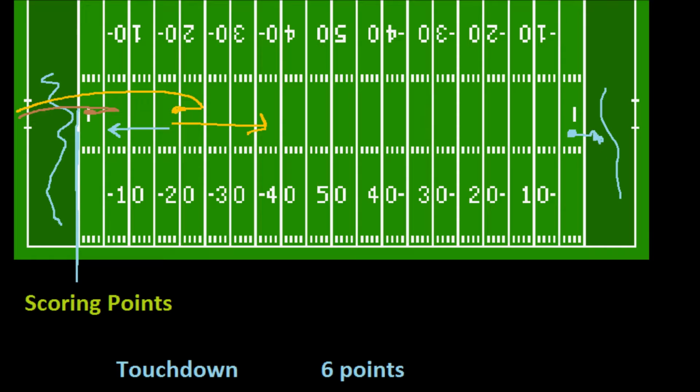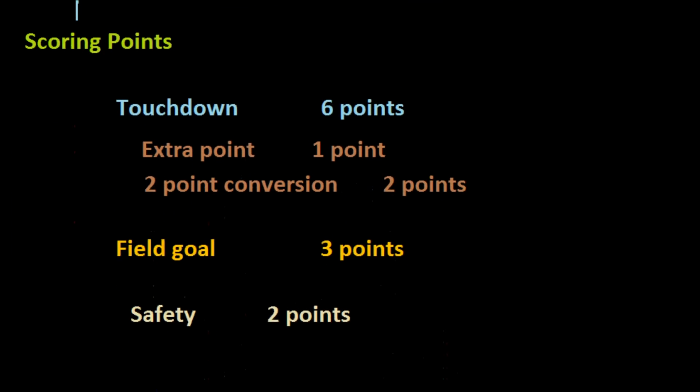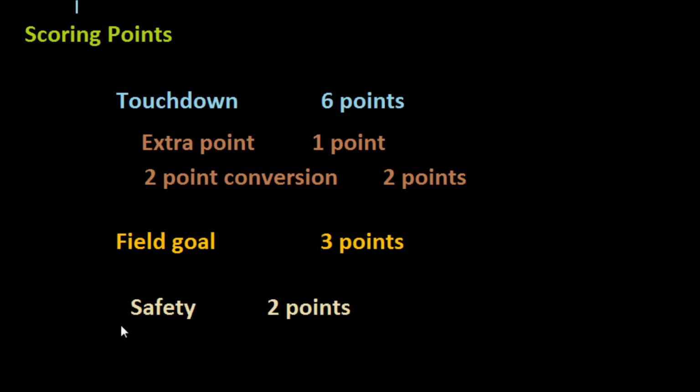We'll get into all the positions in the next video, but the quarterback now drops back, and then the defensive team comes in and they tackle him, or they stop him in the offense's own end zone back here. And if that occurs, then the defensive team would receive those 2 points. So those are the ways that you can score points in football.